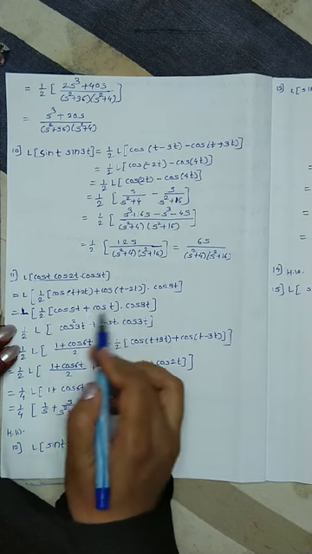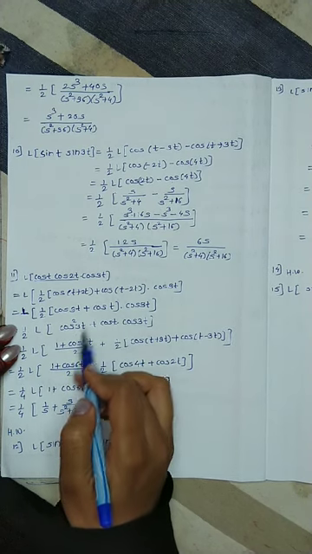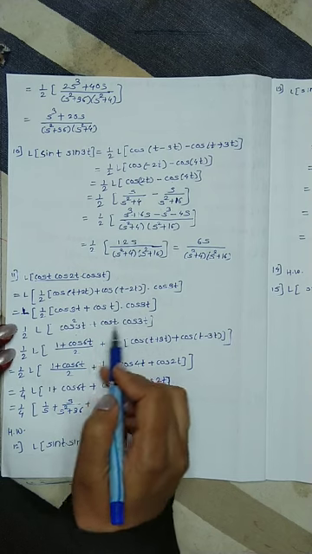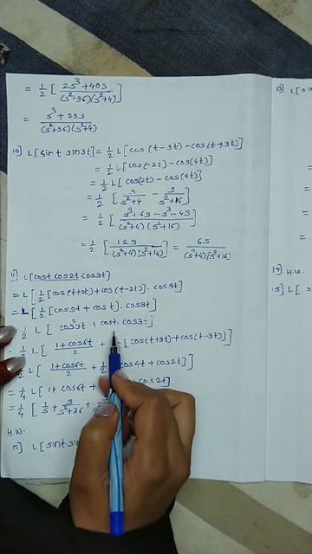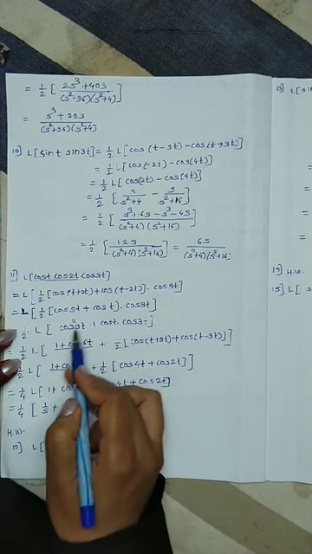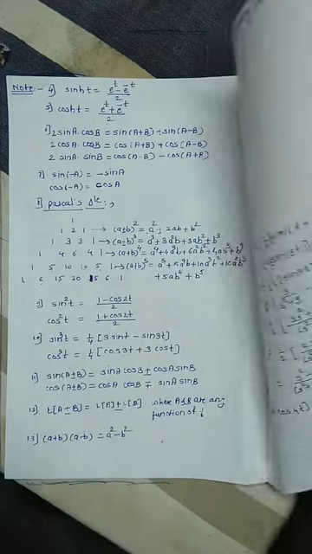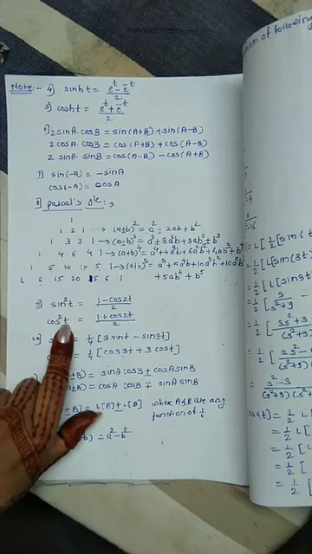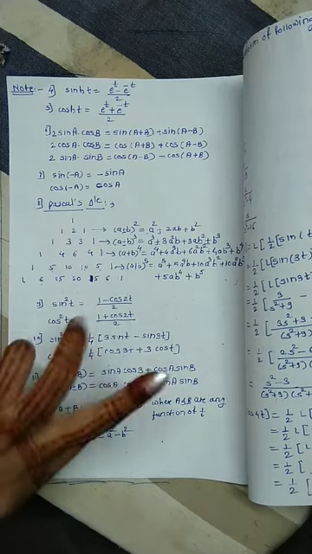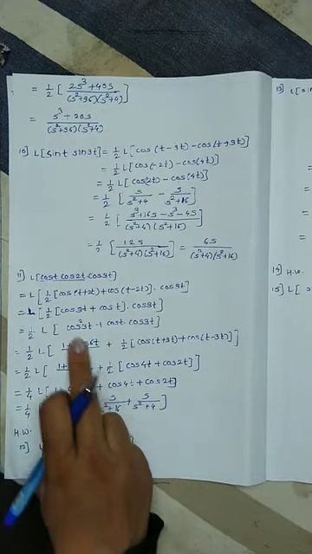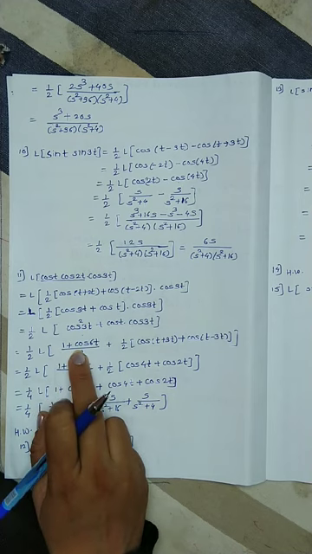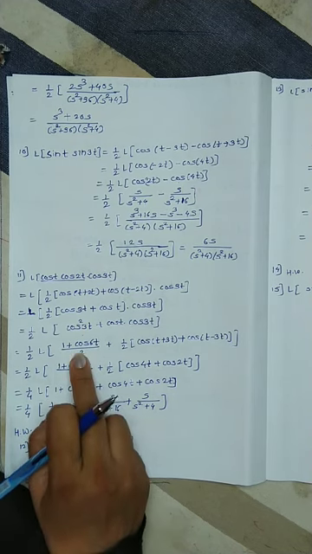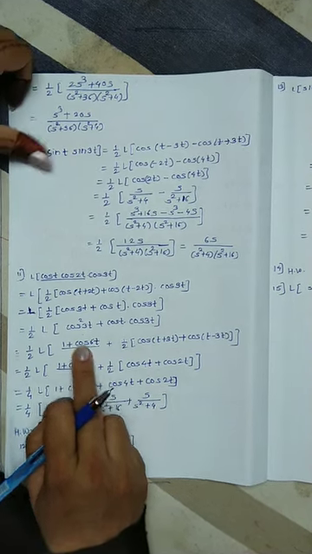What we get is cos square 3t plus cos t into cos 3t. Now again we have to apply the separate formula for these two terms, where for cos square we have the formula 1 plus cos 2t upon 2. If t is there in the formula, 2t, double angle is there. Therefore cos square 3t becomes 1 plus cos of 3 into 2, 6t, upon 2. This is the formula for cos square.